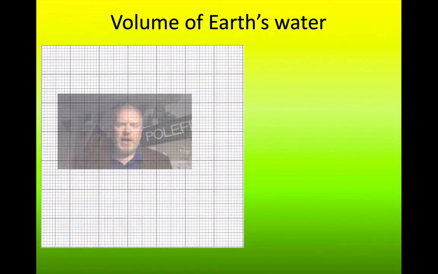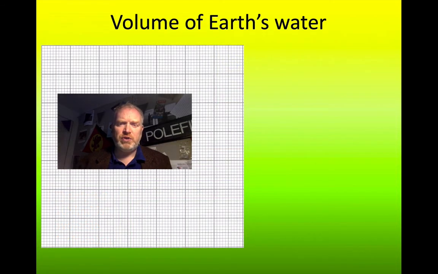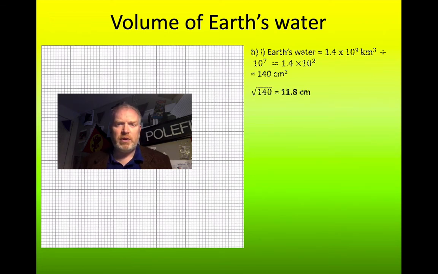Okay, I asked you then to show some of this data in the form of squares drawn to scale. And the scale I asked you to use was 1 square centimetre equals 10 million cubic kilometres. So if I want to work out the Earth's water on this scale, we have 1.4 billion cubic kilometres.